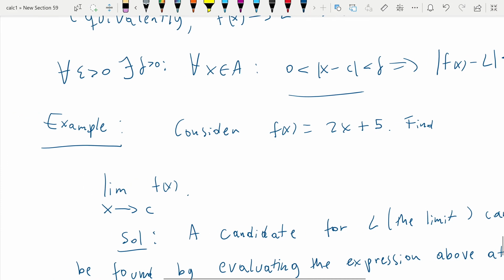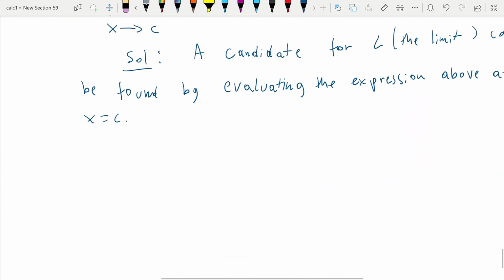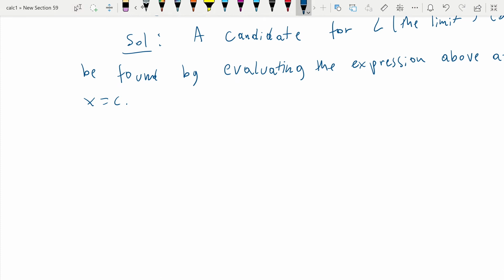So now we want to show that L equals 2c plus 5 is the limit.